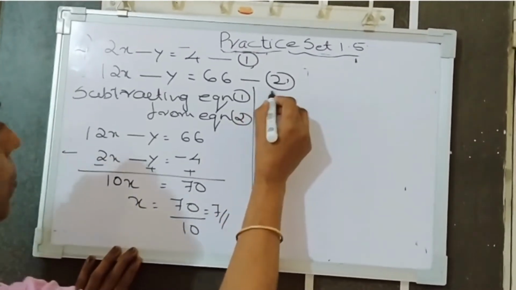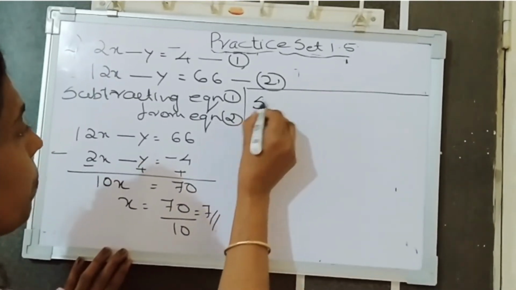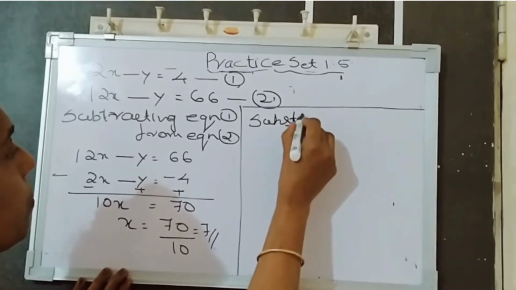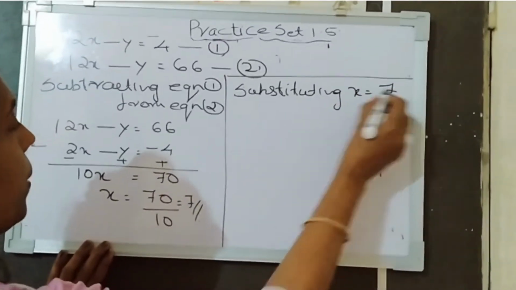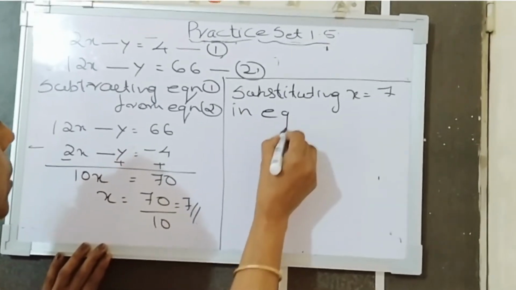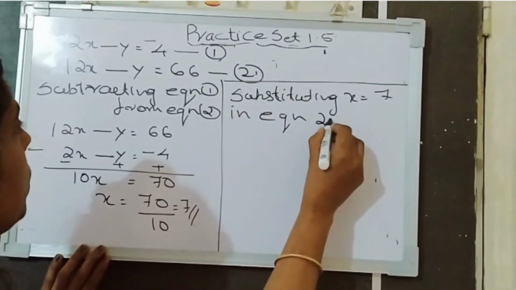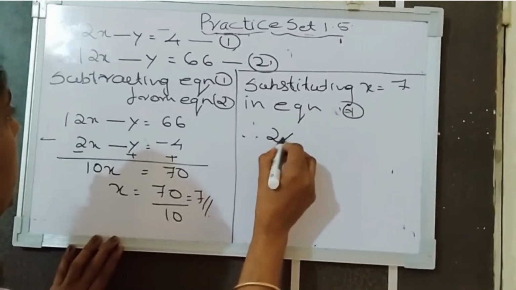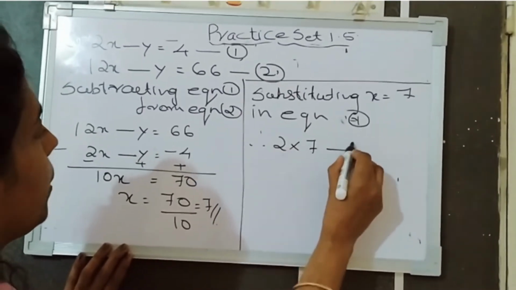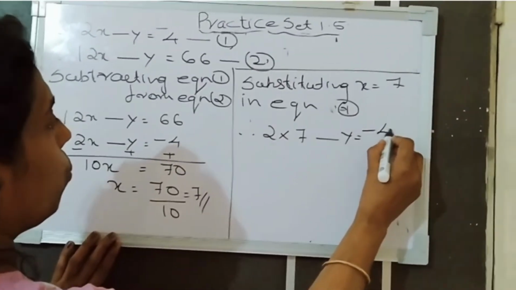And then substituting x equal to 7 in any of the equations, equation 1. Therefore, 2 into 7 minus y equals negative 4.